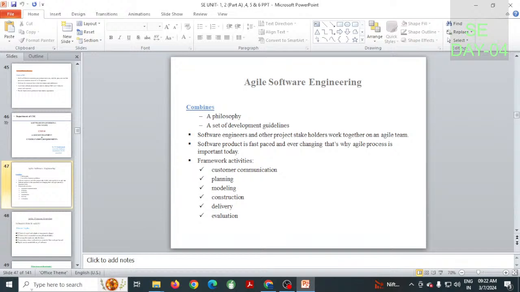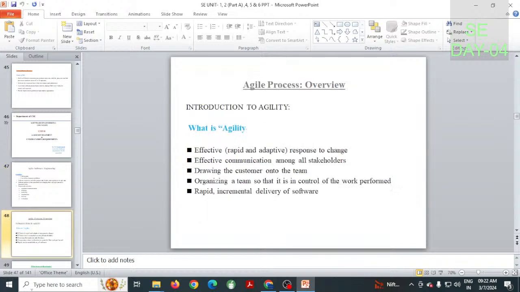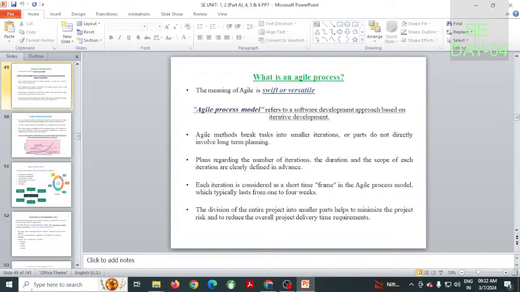These are the different activities involved in the agile framework. Now, exactly what is an agile process?